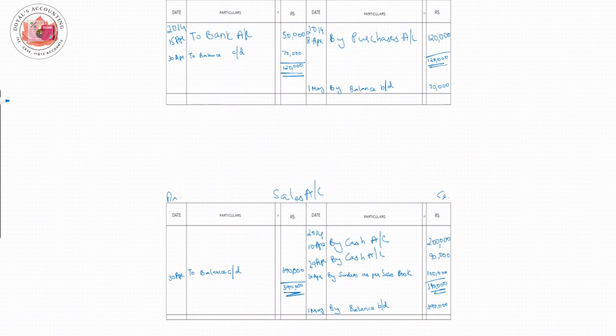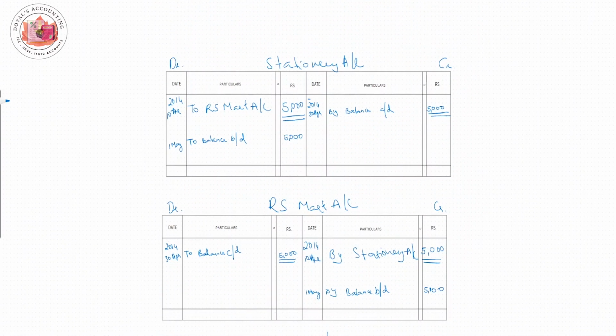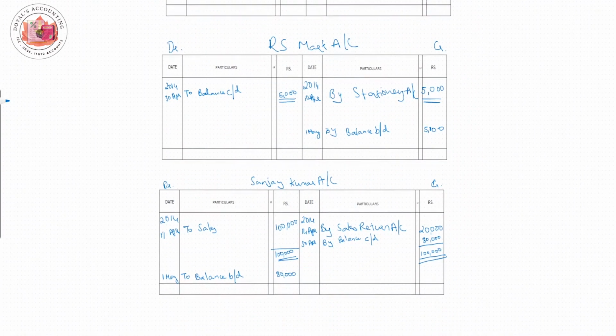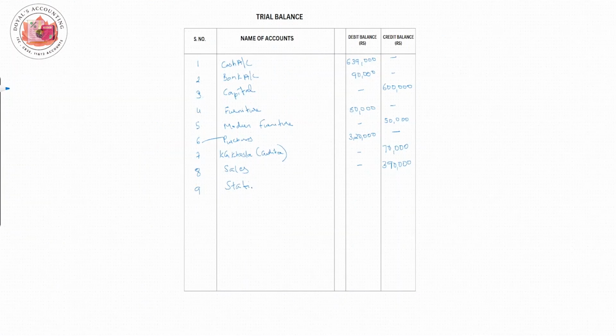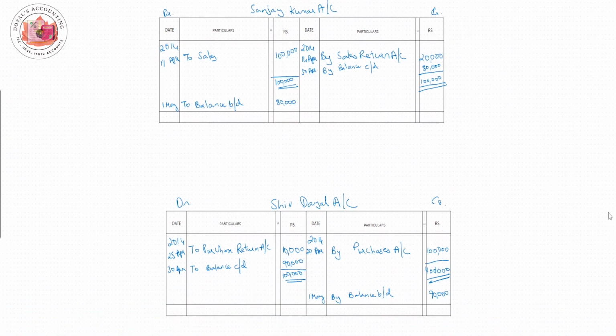After sales, we have stationery and RS Mart, each of 5,000. Stationery will be a debit balance. So stationery, debit balance of 5,000 and RS Mart. RS Mart is our creditor because we have purchased the stationery on credit. So he will have a credit balance. Let's see the next. After RS Mart, we have Sanjay Kumar.